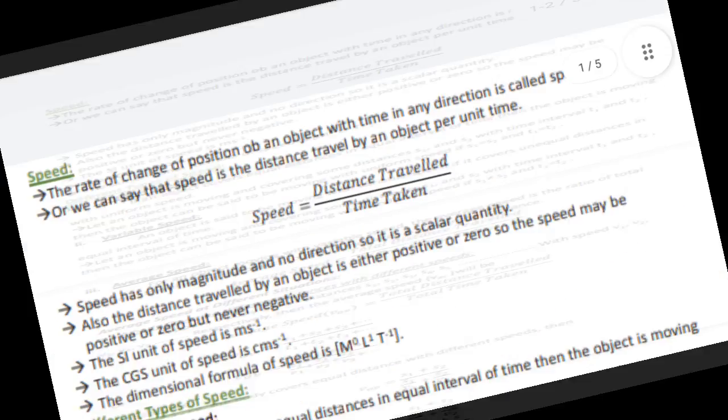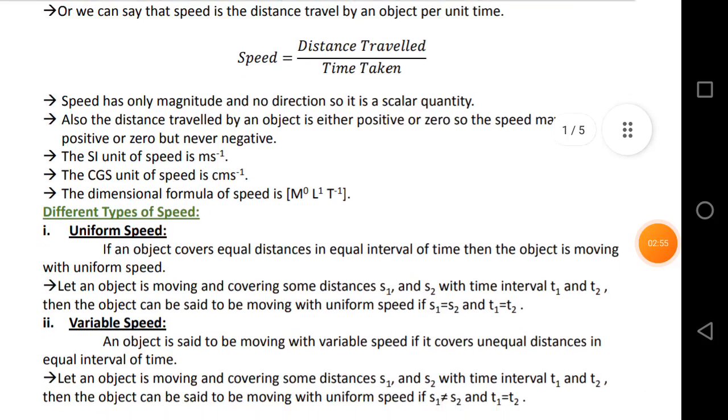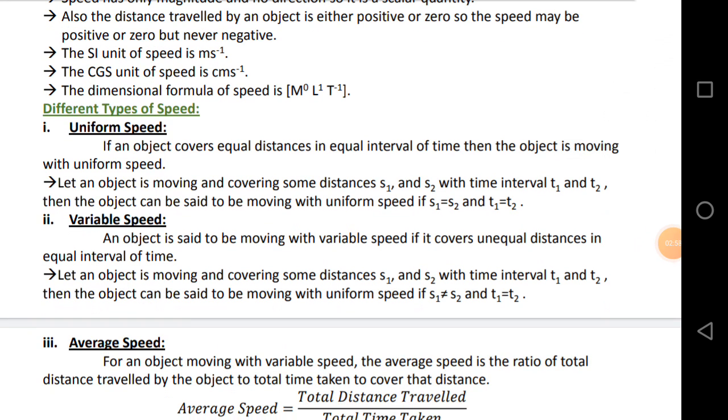Then the object is moving with variable speed if s1 is not equal to s2 and t1 equals t2. So the distances covered are unequal but the times taken are equal.